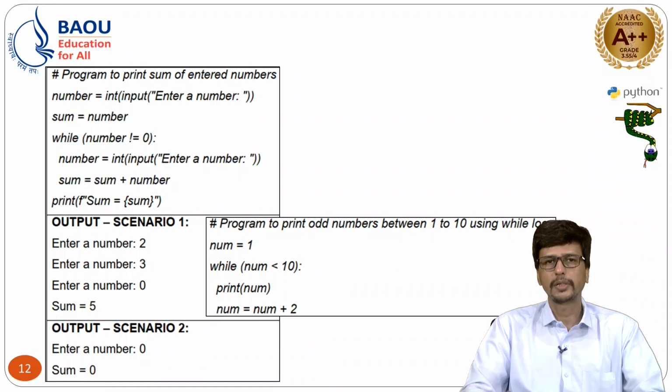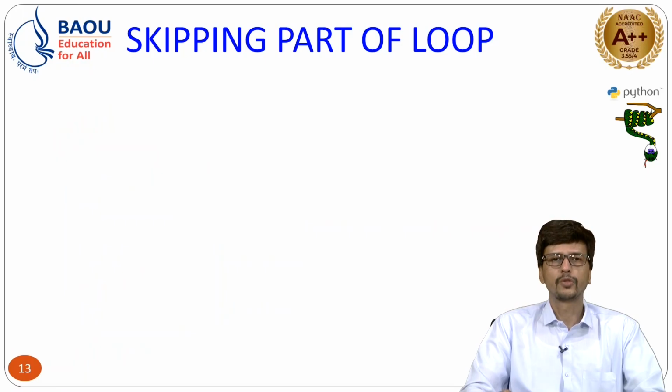You can print 1 to 10 here, but you want to print only the odd numbers. So the next statement you want to execute is number equal to number plus 2. So every time 2 will be added, and you can get odd numbers, right? So this way you can use the while loop.